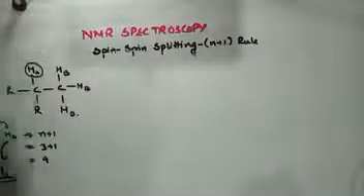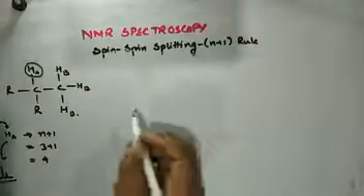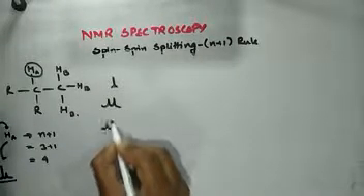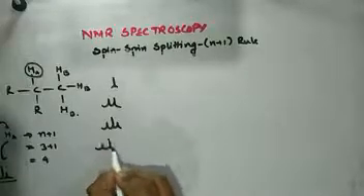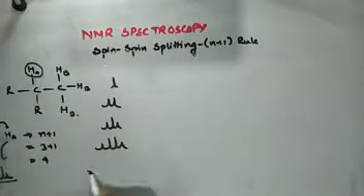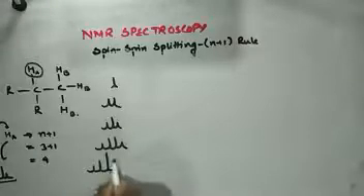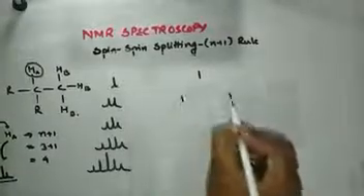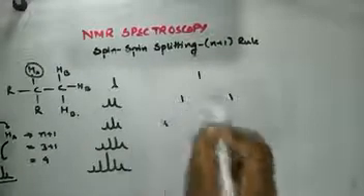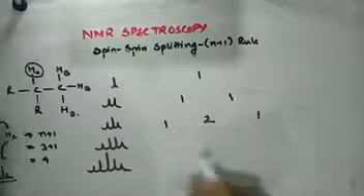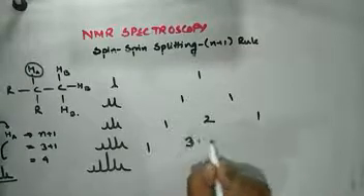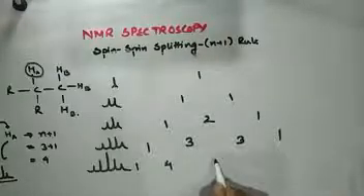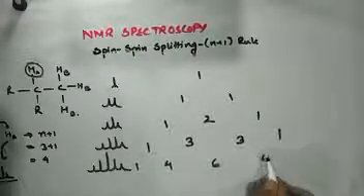The intensity of the peaks for singlet, doublet, triplet, quartet, pentet and so on can be given by Pascal's triangle, where you have 1, then 1, 1, then 1, 2, 1, then 1, 3, 3, 1, and 1, 4, 6, 4, 1.